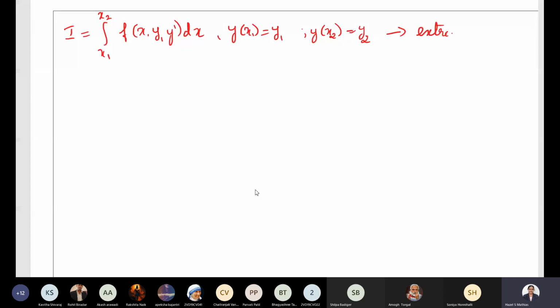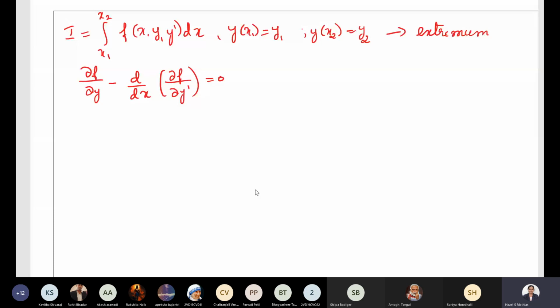The necessary condition for this functional to achieve the extremum is that dou f by dou y minus d by dx of dou f divided by dou y dash equal to 0. So this is the statement. This is what Euler's equation says.